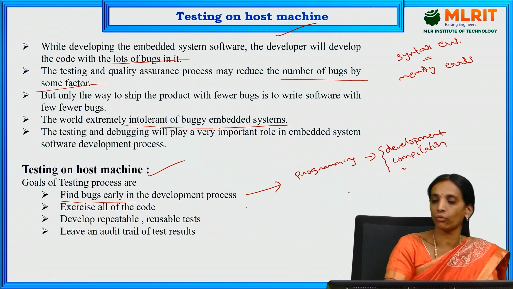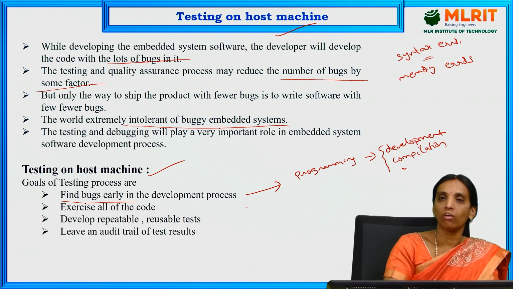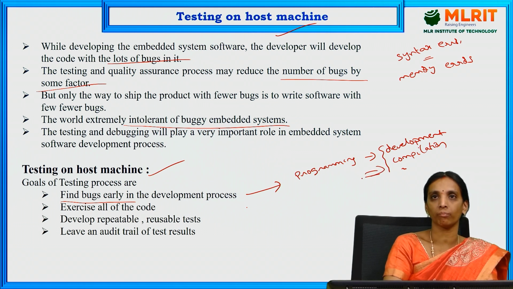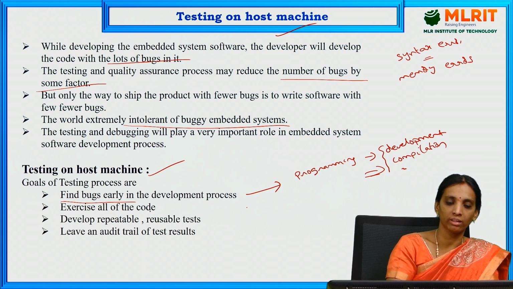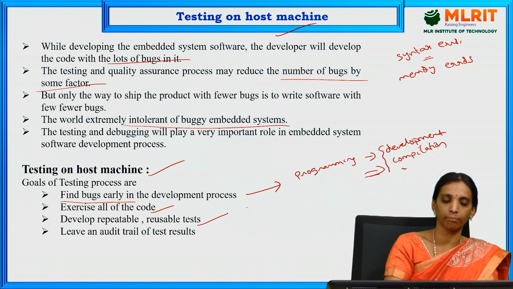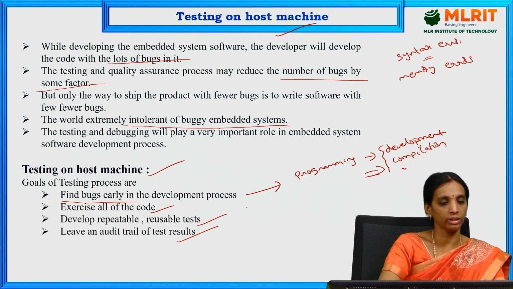In this process we need to find our bugs early in the development process. If we find the bugs early, it is easy to modify and change our errors. Then exercise all the code, develop repeatable and reusable tests, and leave an audit trail for test results. So these are the methods used for testing on our host machine.